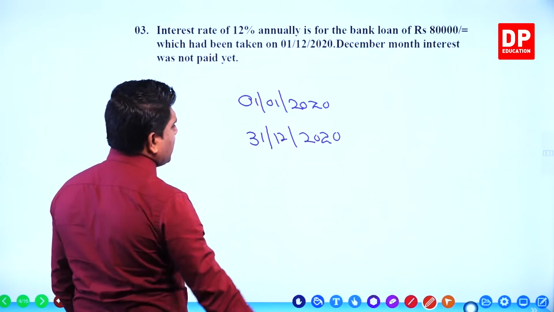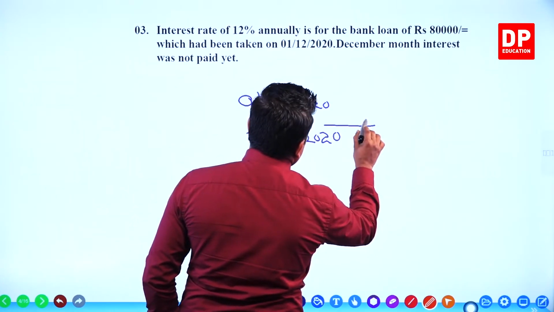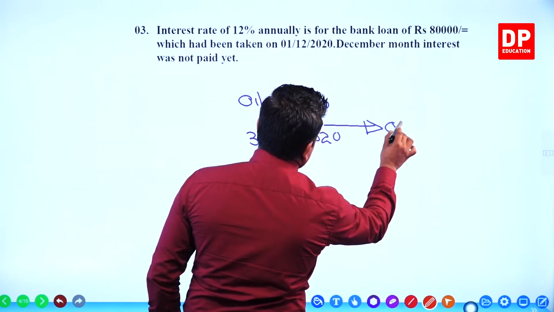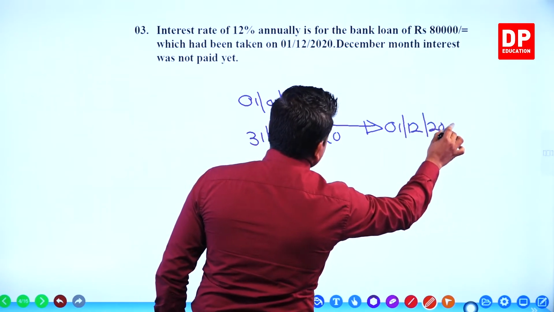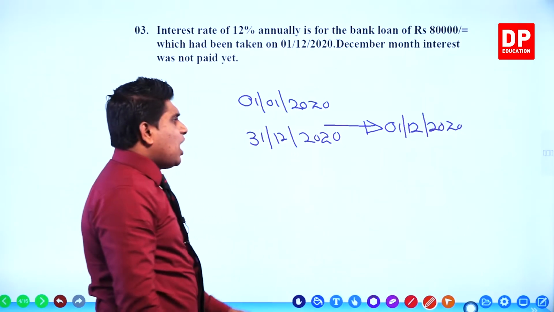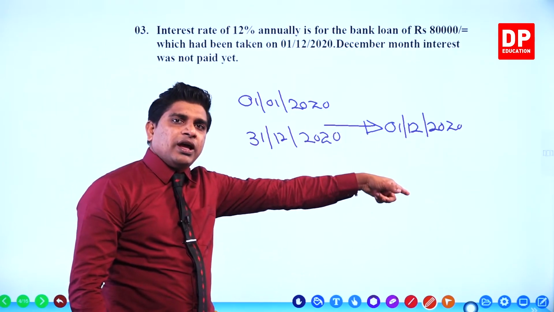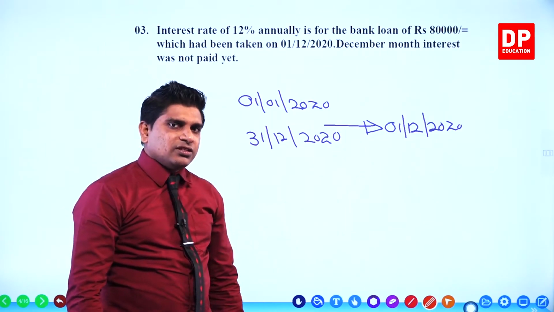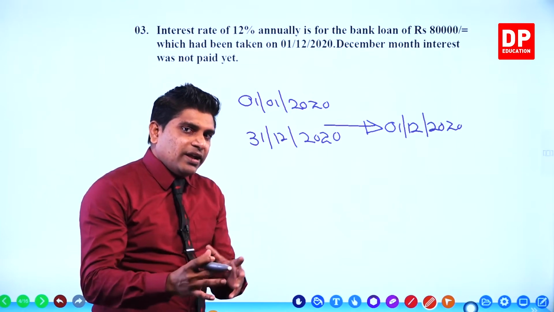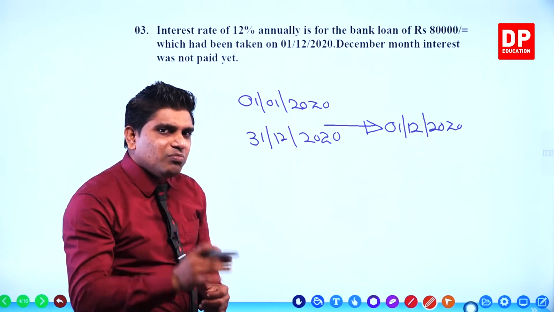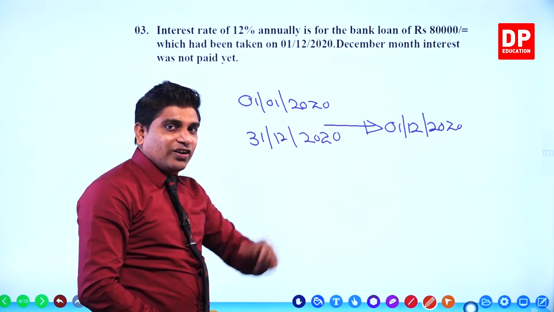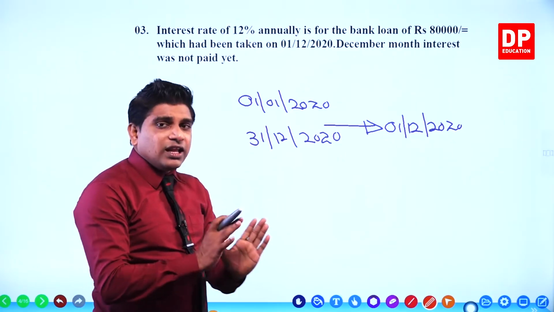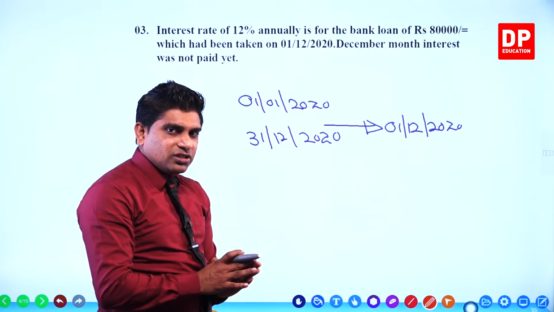But the problem is they have obtained the bank loan on 1st of December 2020. Now tell me how many months you have to pay interest. Only 1 month. Why? You have taken the bank loan on 1st of December. If you had taken it on 1st of January, then you could pay for 12 months, right?